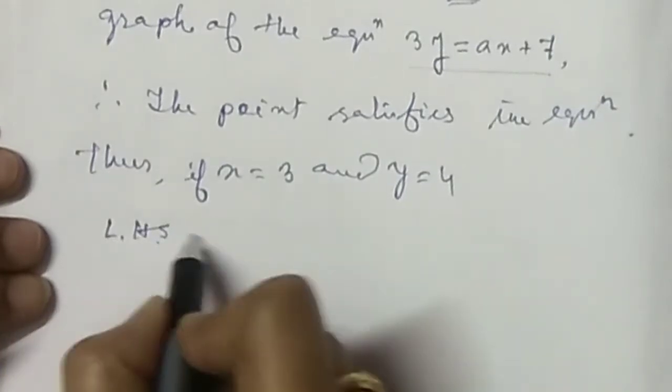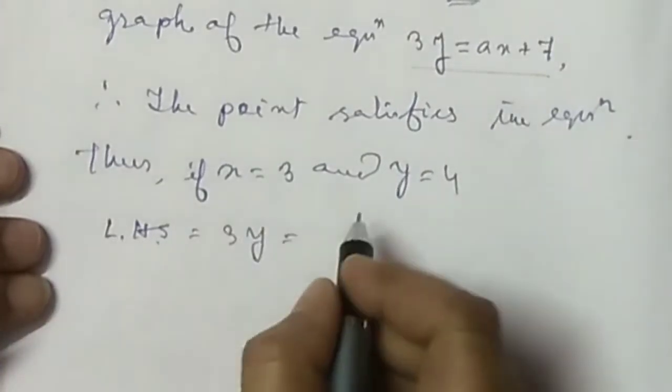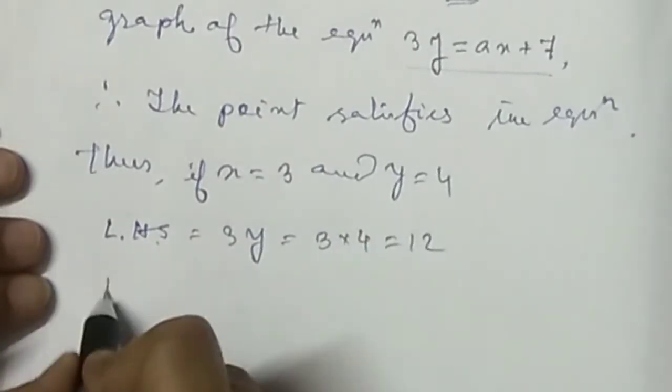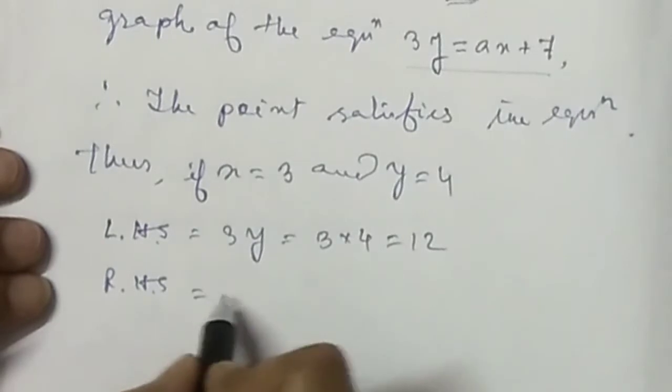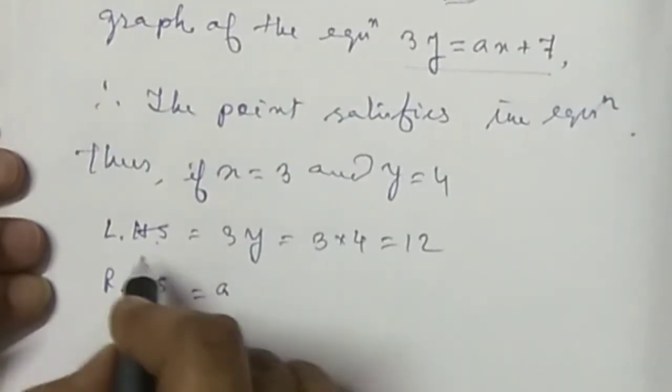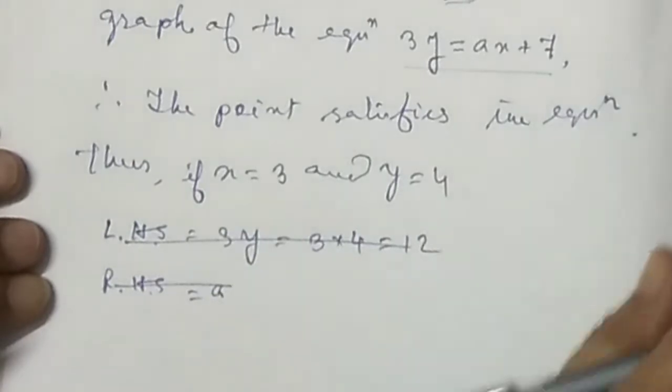left hand side you find 3y, which is equal to 3 into the y value 4, so it's 12. Right hand side, you do it the other way.